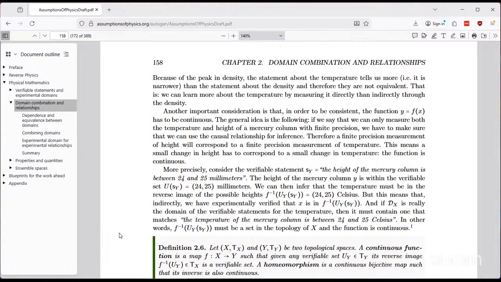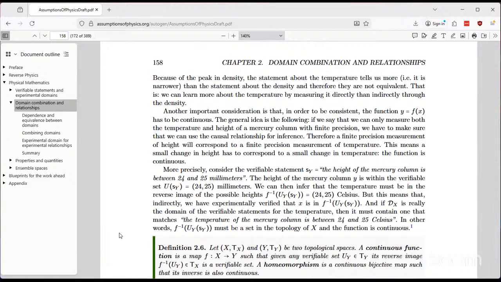We can then infer that the temperature must be in the inverse image of the possible heights. So inverse F of the set is 24, 25 Celsius. But this means that indirectly, we have experimentally verified that X is in this inverse image.